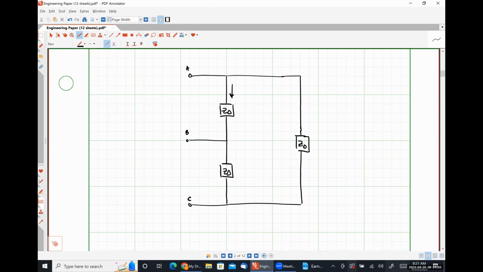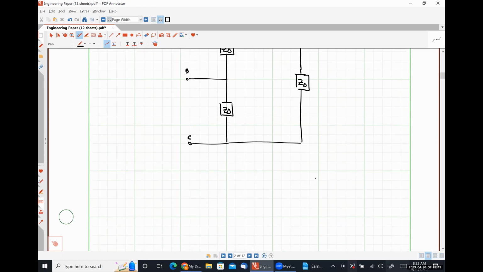We have access to our phase voltages from the terminals, but we don't have access to our phase current unless we literally crack this open and put the current coil between these 2 points on each phase, right? So we're running into yet another problem. 3 watt meters would be great if we have access to the internal workings of whatever we're trying to measure, but in a lot of situations, we are not going to have access.